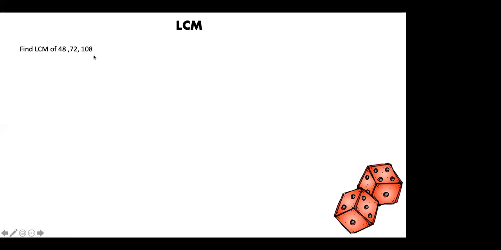Just LCM and HCF by repeated division or the block method. Either 2 or 3 you can begin with. Same method like we did in prime factorization, but don't do it separately, do it together. 48, 72, 108 together.